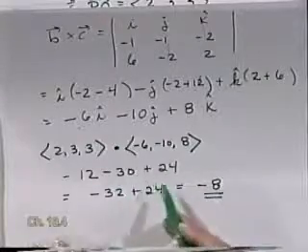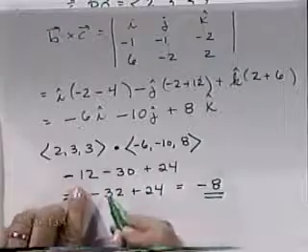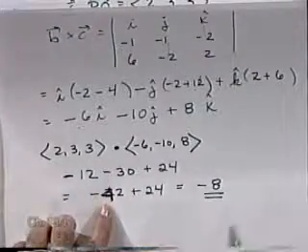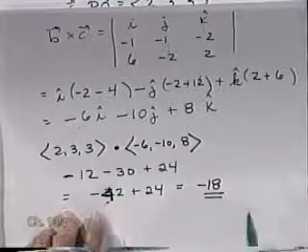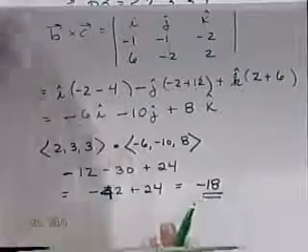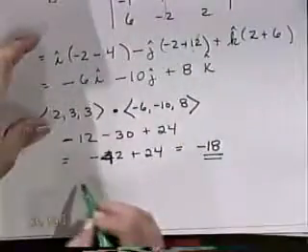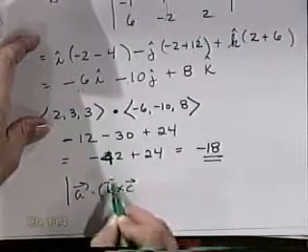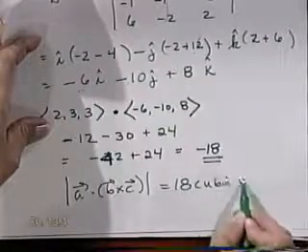Negative 12 and 30 is a negative 42, so that's 18, which gives me a negative 18. And since it's the magnitude of A dotted with B cross C, that gives me 18 cubic units.